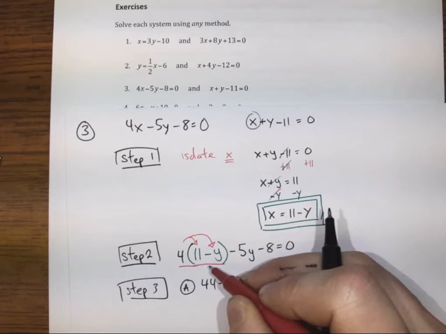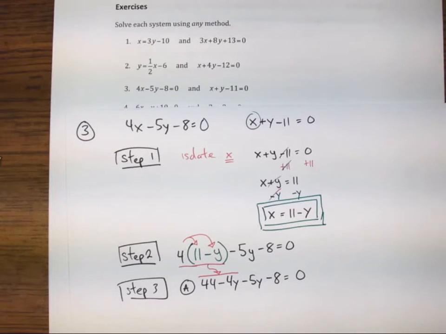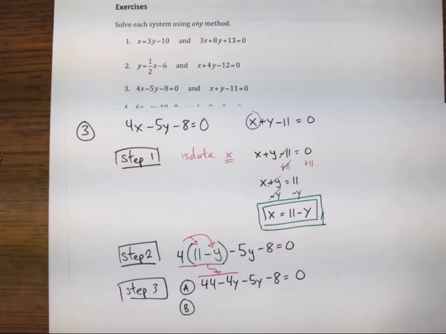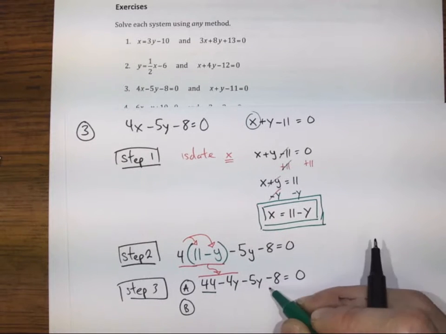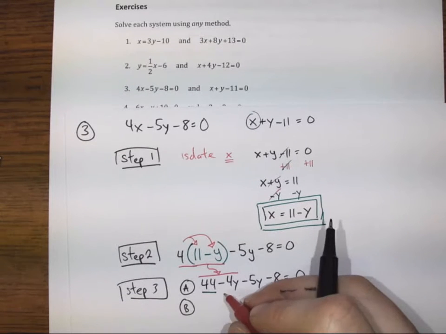So these became these. Then we are going to group any like terms. So we have 44 and negative 8. That's one set of like terms.